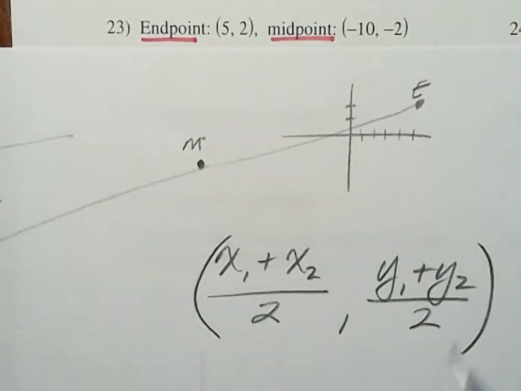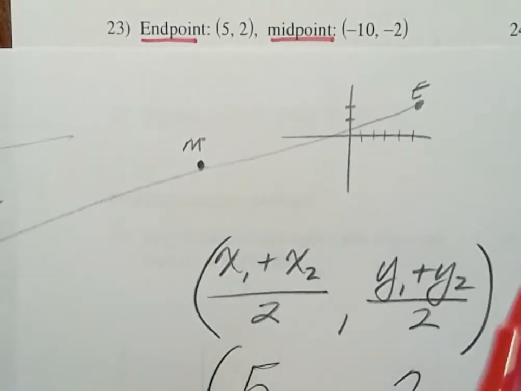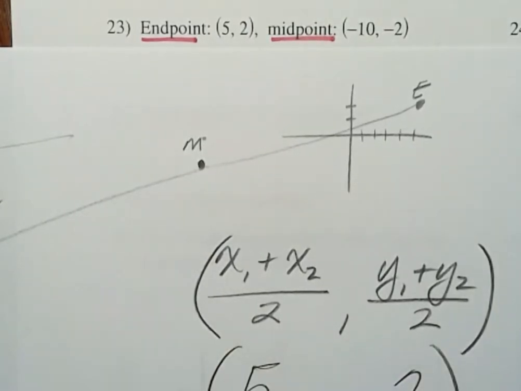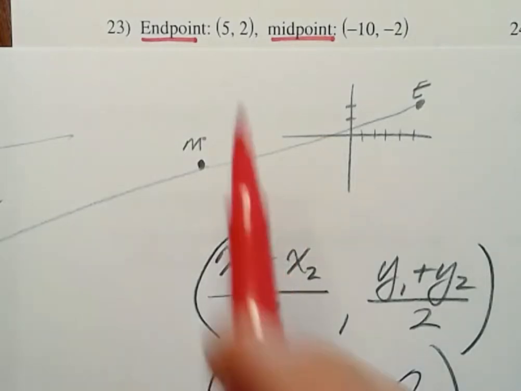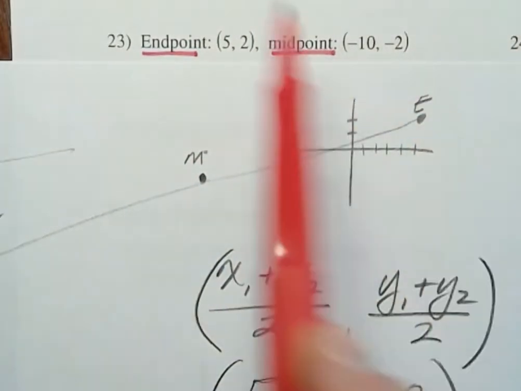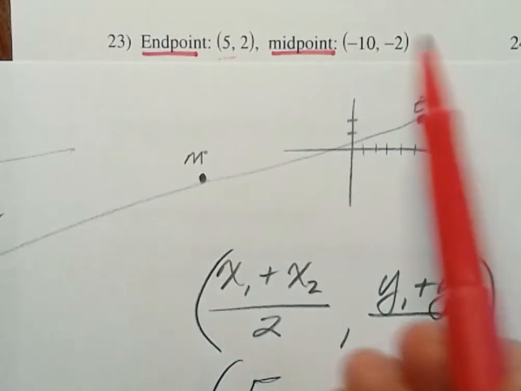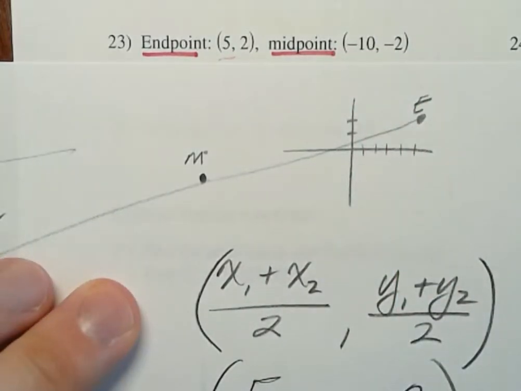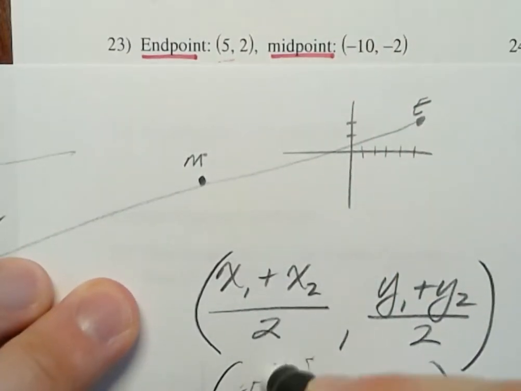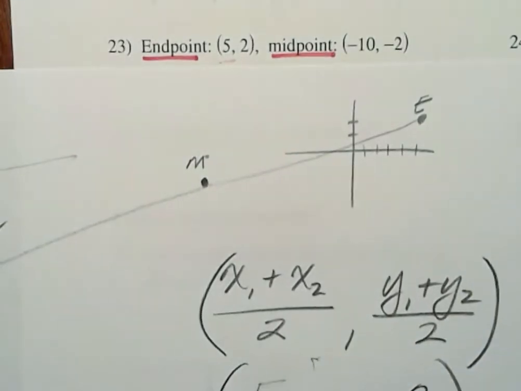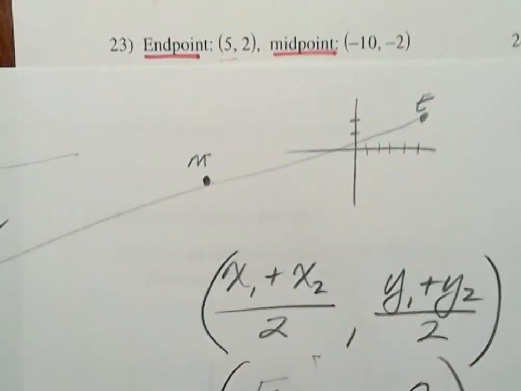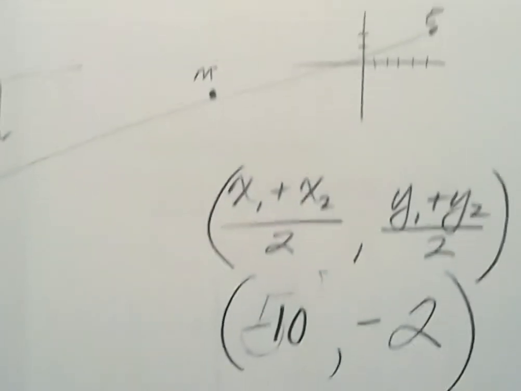Okay, and that midpoint is 5, 2. Excuse me, the midpoint is given up here as negative 10, negative 2. My bad, I just had it backwards here. Negative 10, negative 2. That's what we're told the midpoint is.